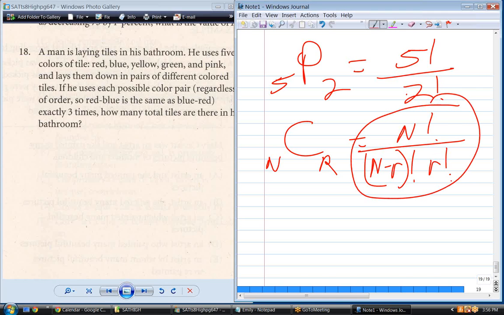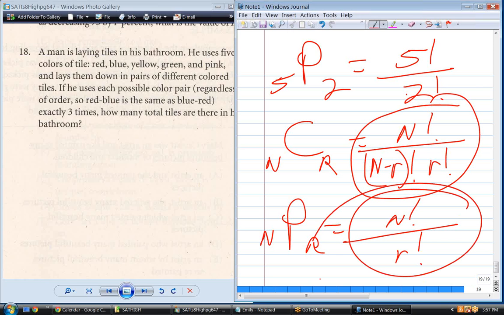Notice there's 2 n's and 2 r's in that. Whereas nPr, not National Public Radio, is n factorial over n minus r factorial, I think.